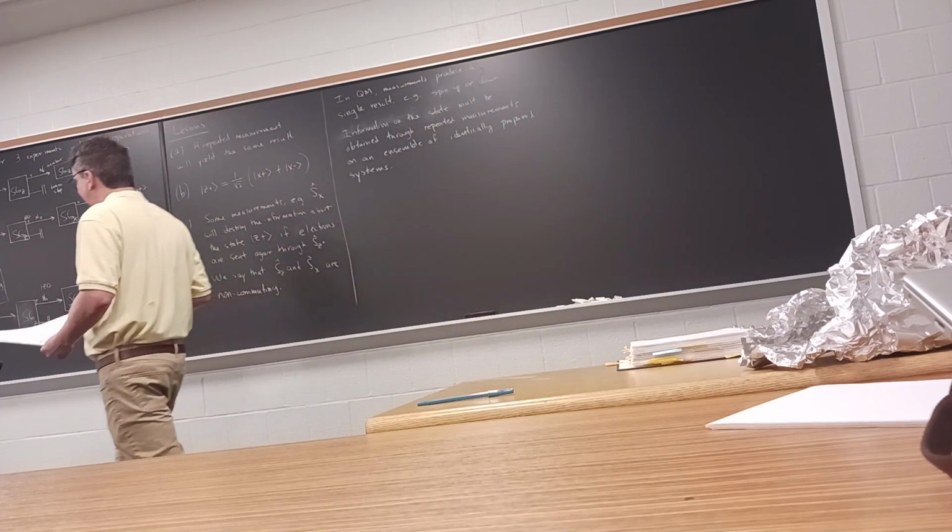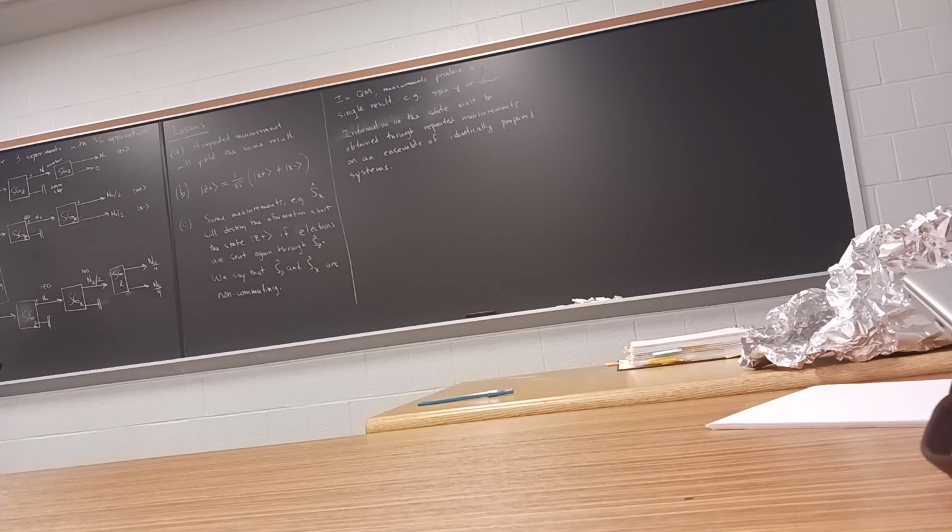Okay, and I'll explain what I mean by that in a little bit, but we can actually illustrate this a little bit later. This is why quantum computing is so powerful, because a single qubit has more than up or down, right?